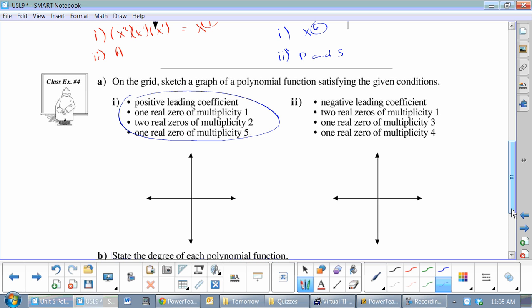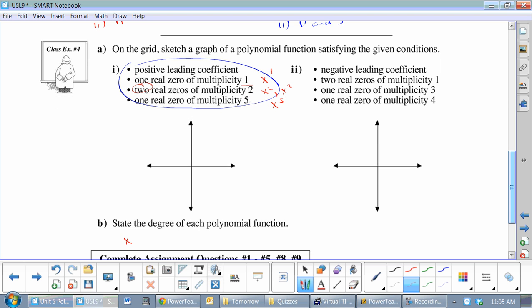Okay, one real zero of multiplicity 1. Let's just write that down. That would be an x to the 1, right? We have two real zeros of multiplicity 2. So that's followed by an x squared and then an x squared. Okay, and one real zero of multiplicity 5. That would be x to the 5. So do you see how we would have an x times x squared times x squared times x to the 5, which would give me an x to the 10, right?